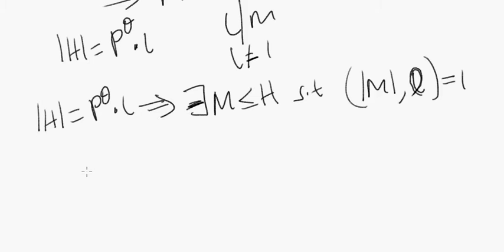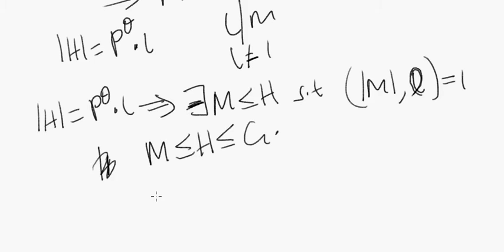Well, what can we say? If there exists a subgroup m such that the order of m is relatively prime to l, then since m is a subgroup of h and h is a subgroup of g, the order of m must also divide the order of g.